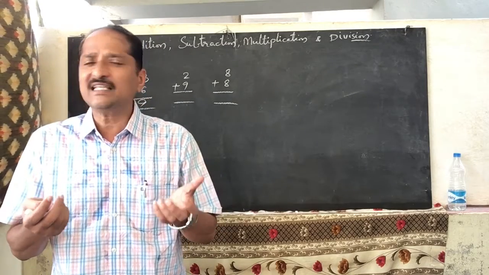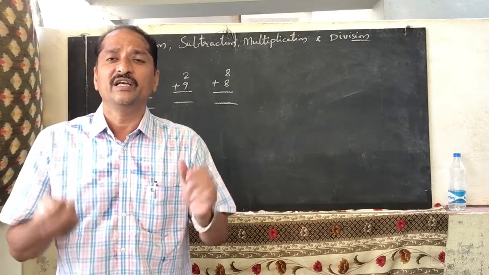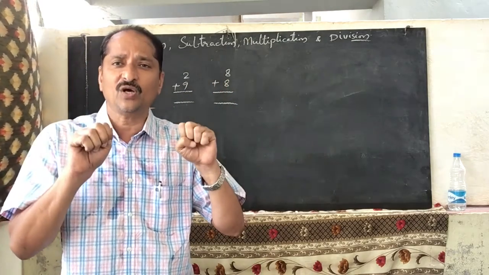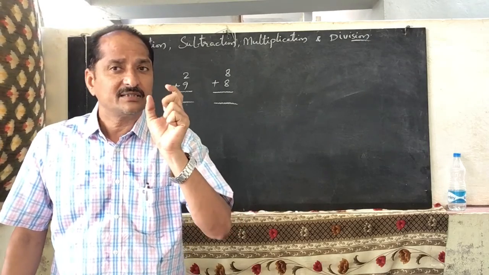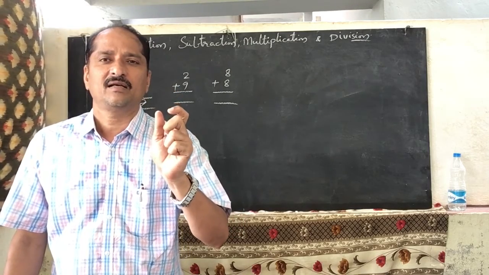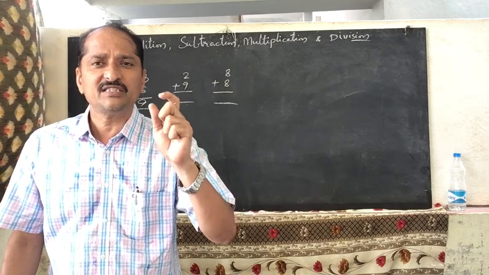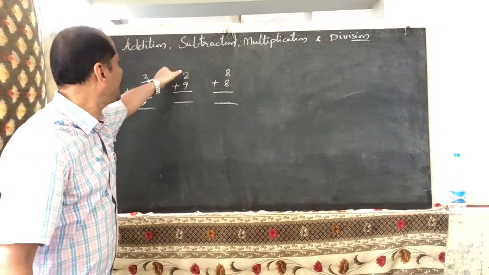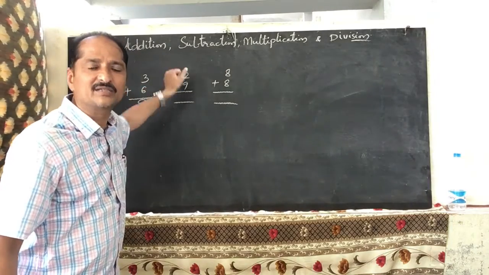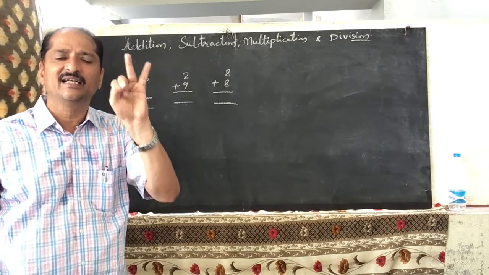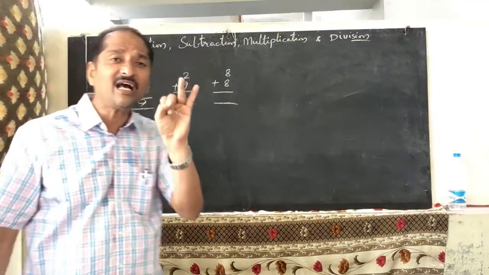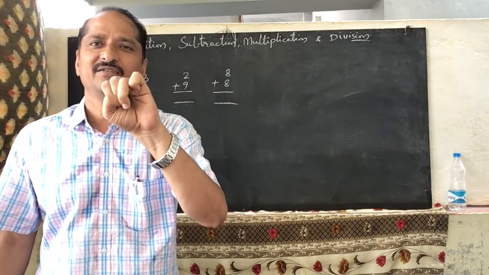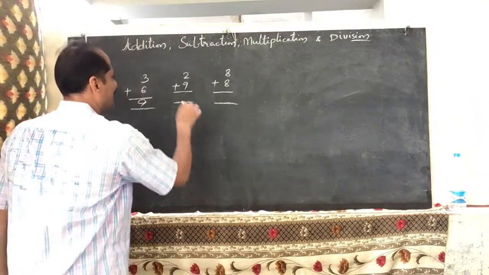To get the sum very fast, if we take 9 fingers, it takes much time. So you take the smallest number of the given two numbers, and that many fingers you have to take. In 2 and 9, 2 is the smallest number, so take 2 fingers and count after 9: 10, 11. Understood? 10, 11. Write down 11 here.